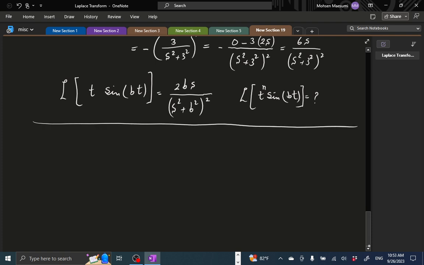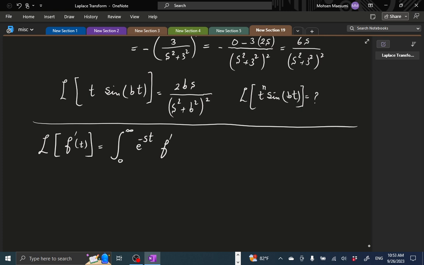So we want to do the Laplace transform of the derivative of some function. What does that mean? It means the same thing that it meant all over the place: we are taking the kernel multiplied by the function, which now happens to be the derivative of some other function, and integrate that.